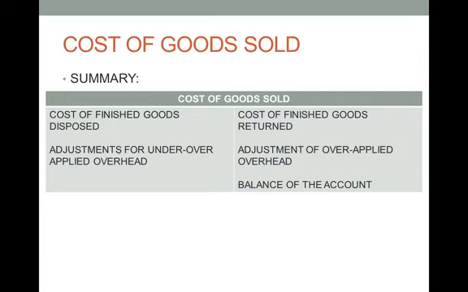And then sa credit side ng cost of goods sold, what do we need to see na naka-record? Cost of finished goods returned, adjustment of over-applied overhead, and then balance of the account.